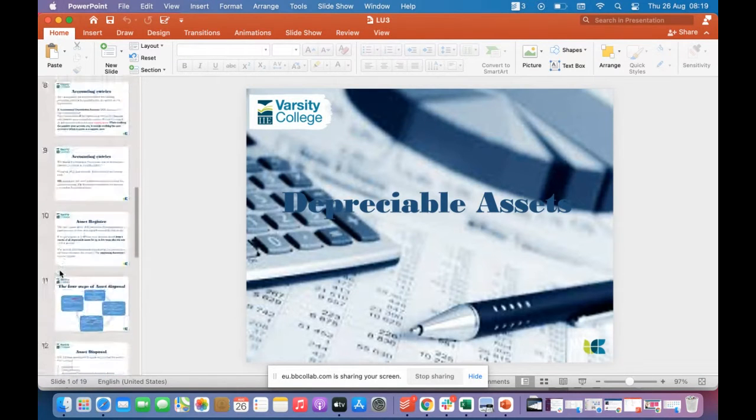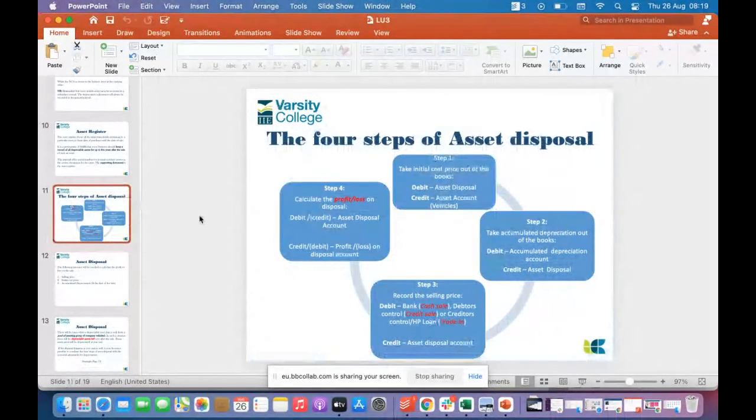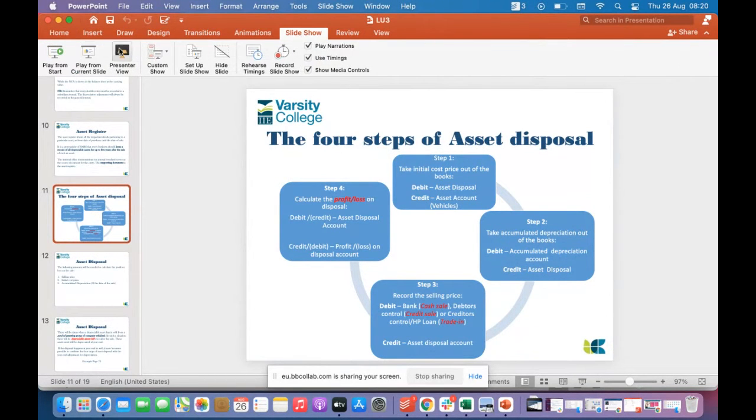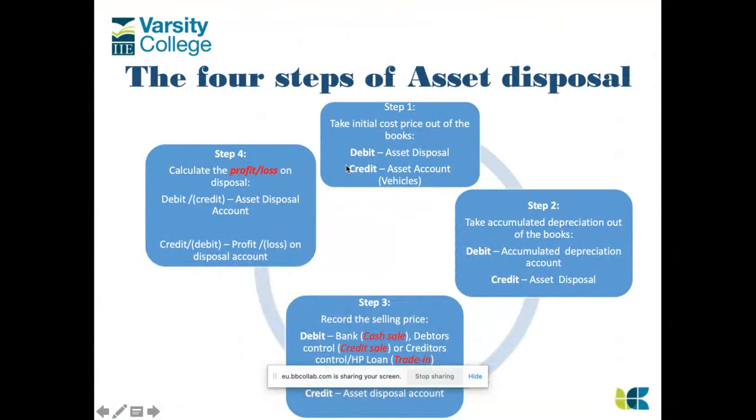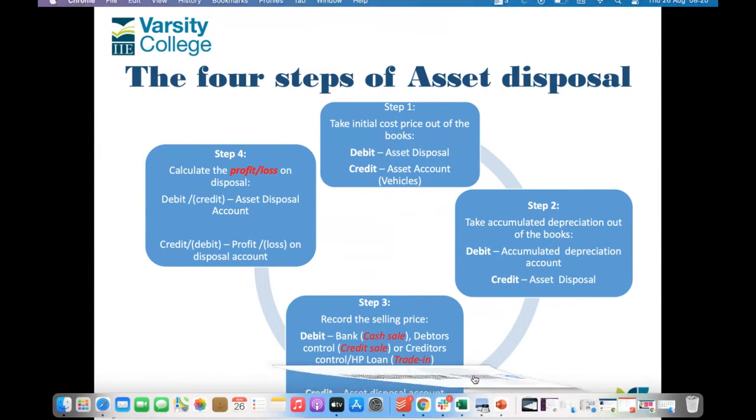Cool. So this is the slide that I'm talking about right here, because we had an asset disposal. I want you guys to have this in front of you right now on your cell phones. Remember I said share this on the WhatsApp group. We're also going to use the other one later today.